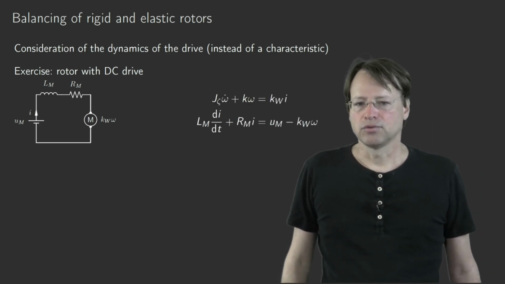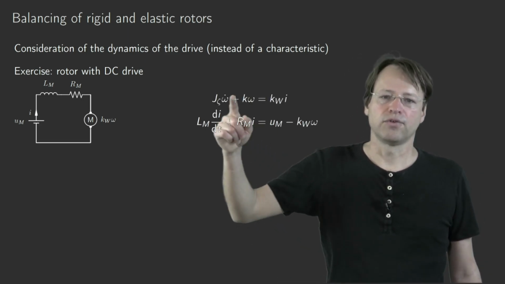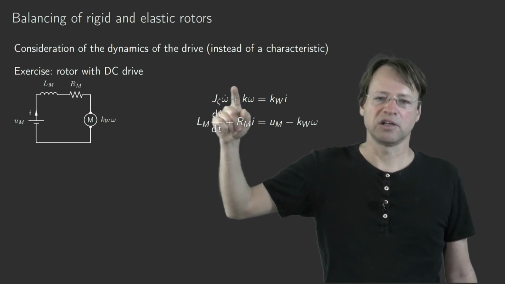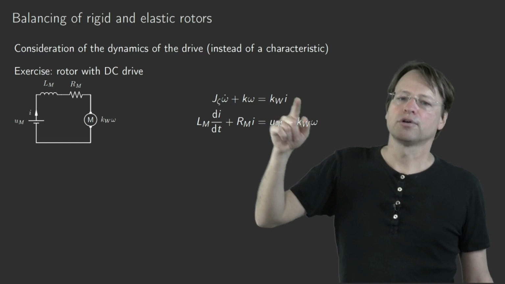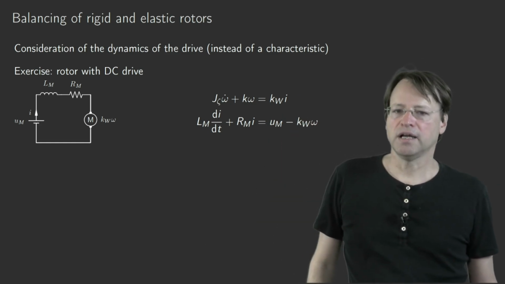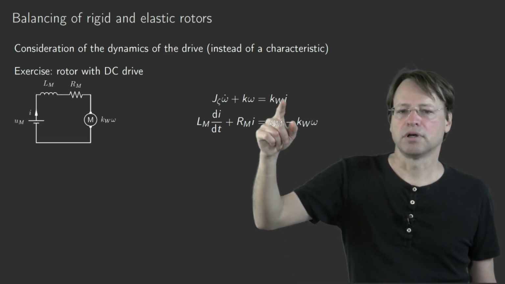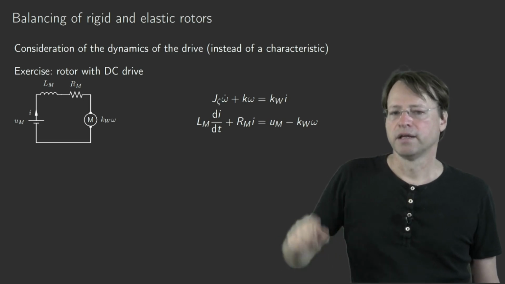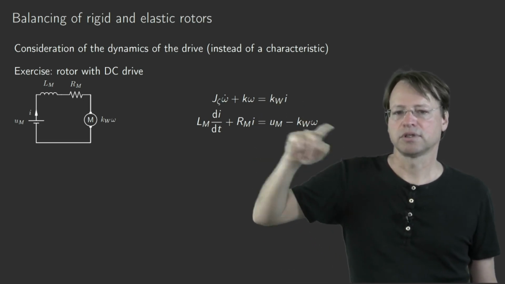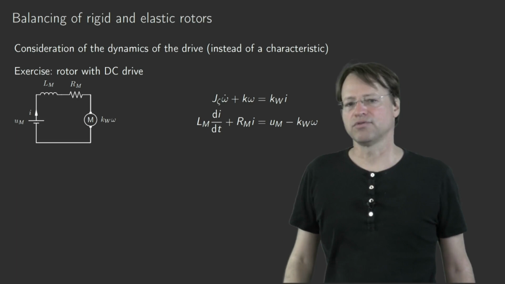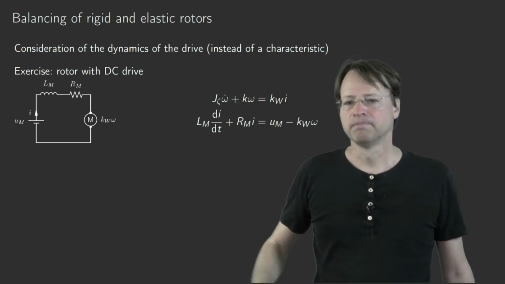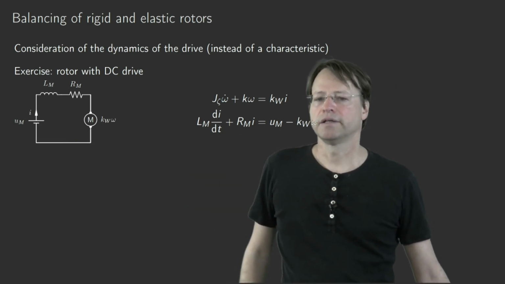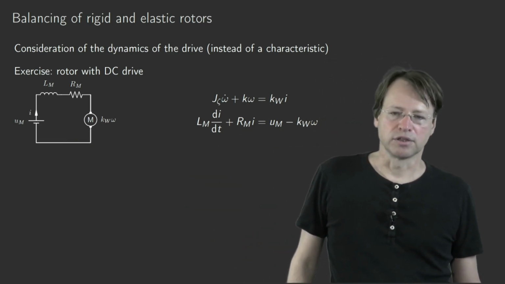Our equations are now twofold. The first equation is the classical equation that comes from rotor dynamics on the left-hand side. On the right-hand side, I put in now a product of the amperage times some linear coefficient. On the other hand, I have to take into account Kirchhoff's law in order to analyze that circuit.